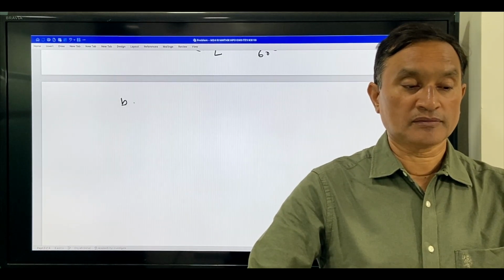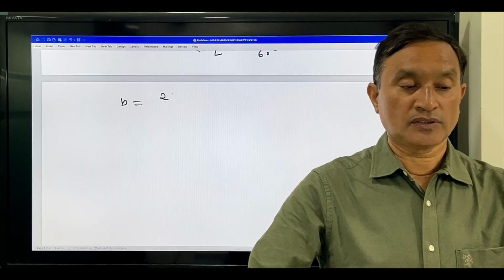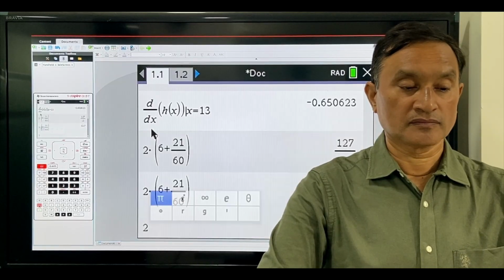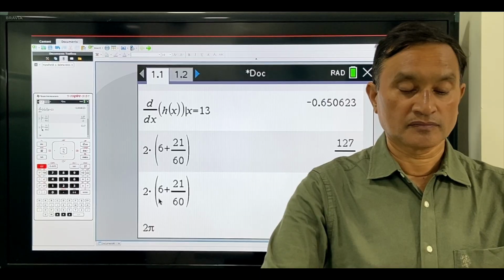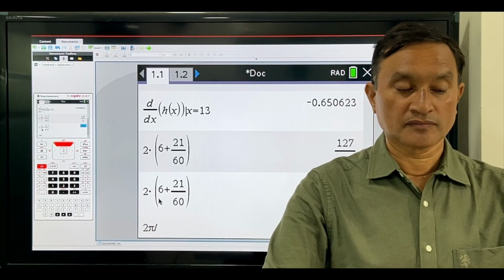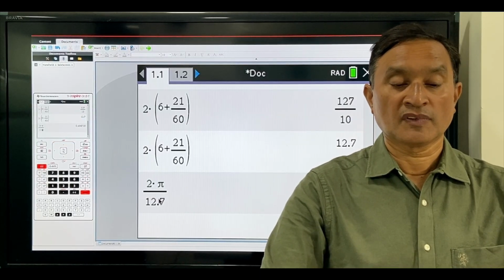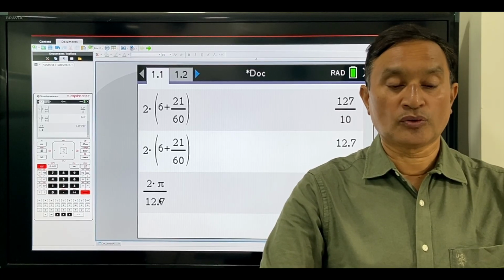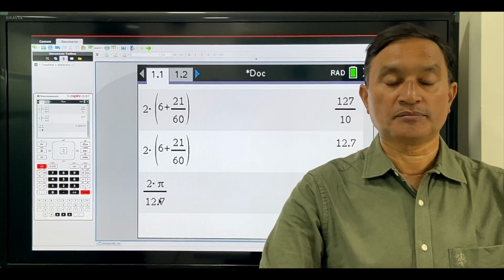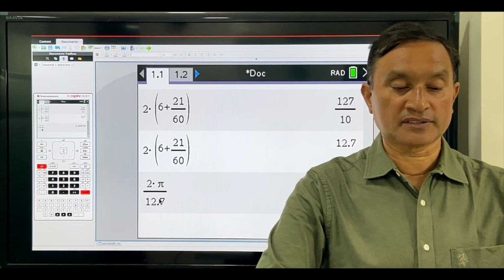The value of B is equal to 2 pi upon 12.7, which is 0.495 in 3 decimal places.